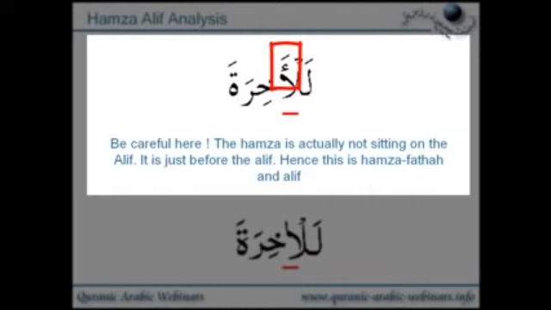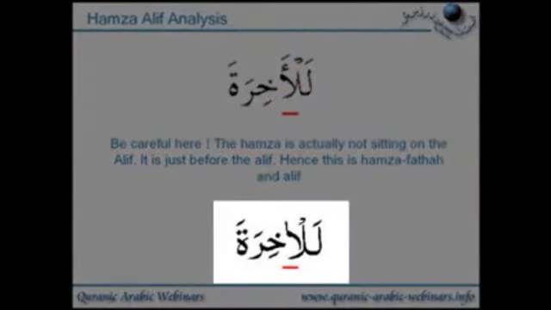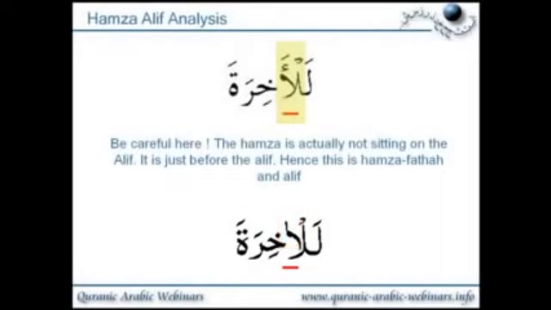It's a bit of a tricky one. And in a lot of prints, the Hamza, Fatha will be slightly even more before the actual Alif. And down below we have the Majidi version. They've made it easy for us because they've simply put the Alif with the short Alif or dagger Alif on top to indicate it's 2 long. So that first one in the Uthmani script, be a bit careful with that. That is not a Hamza sitting on an Alif, it's Hamza before an Alif.